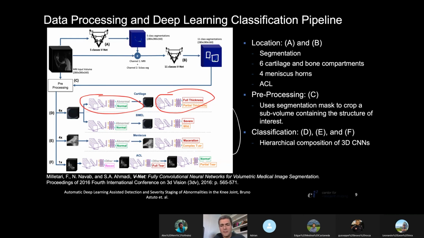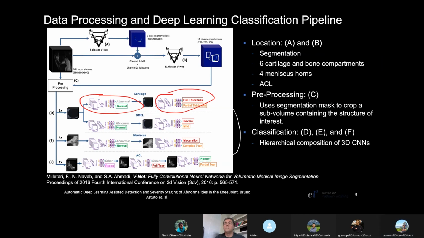If you sum all these models for the first part, the normal, abnormal, and the severity staging, plus all the regions of interest, you're going to have around 17 models. Yes. So my question is, I don't know if you tried only one neural network to train all the 17.